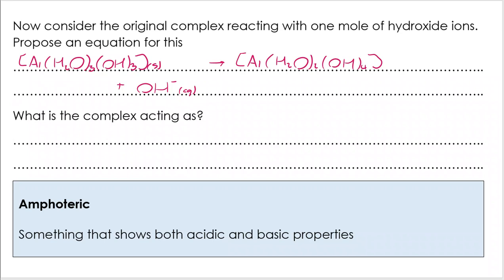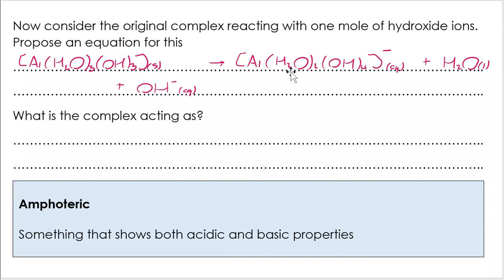I've now got a charge again. That's -1. That means it's redissolved. It was a precipitate, but that precipitate has redissolved into the solution. And I've got my H2O that I made.